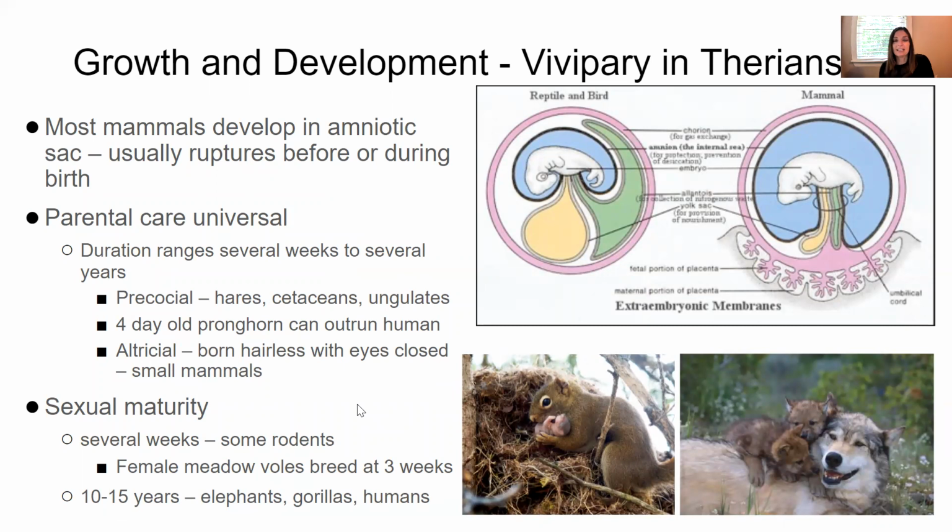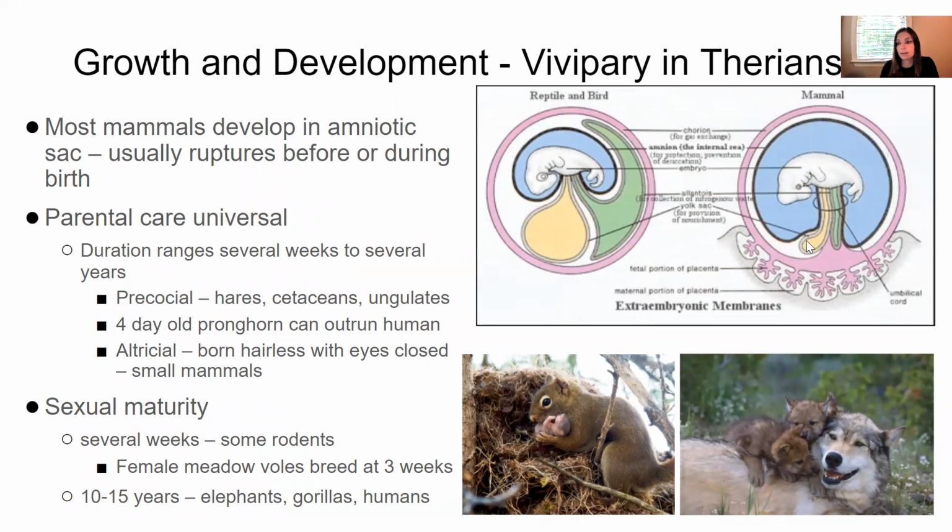Now, eutherians, which are most mammals, right? The placental live birth mammals, they develop in an amniotic sac. And so when we talked about the amniotic egg that reptiles and birds have, it's really pretty similar in mammals, where inside the uterus, it's like the different membranes of an amniotic egg.